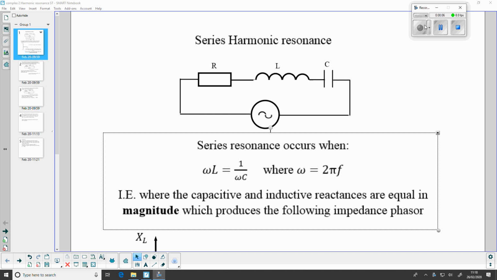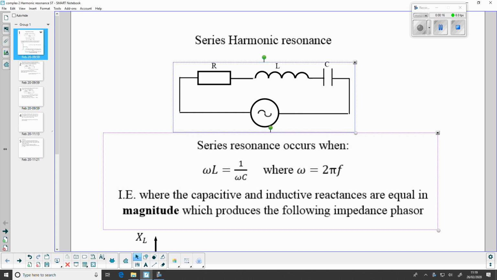Series harmonic resonance. So, what we're going to do is look at how resonance in harmonics can be a bit of an issue in terms of the components of the circuit. Series resonance, you may or may not remember this term from earlier studies.